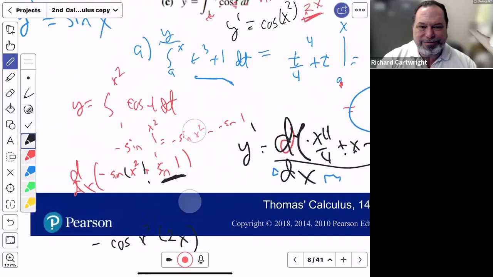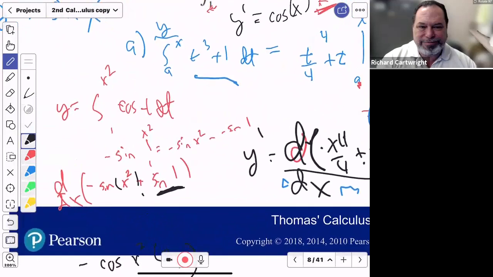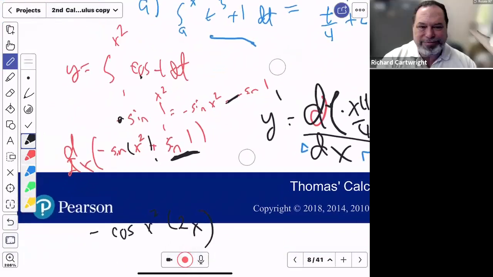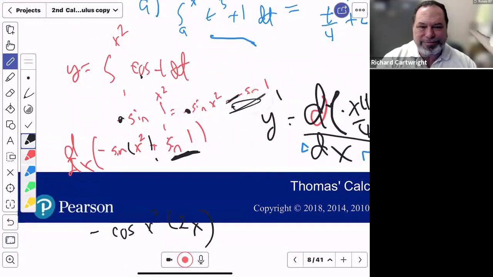Oh, you're right. The antiderivative of cosine is just a positive sine, right? You're right. So that changes the minus to be what? It would be, because it's the antiderivative, right? So there's no minus here, and that becomes minus. But that doesn't affect it because I'm still doing minus the derivative of a number. So it still turns into a minus of that.